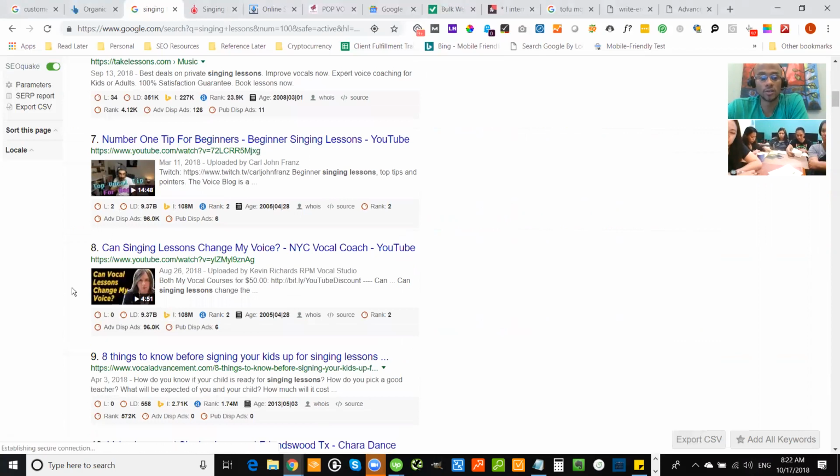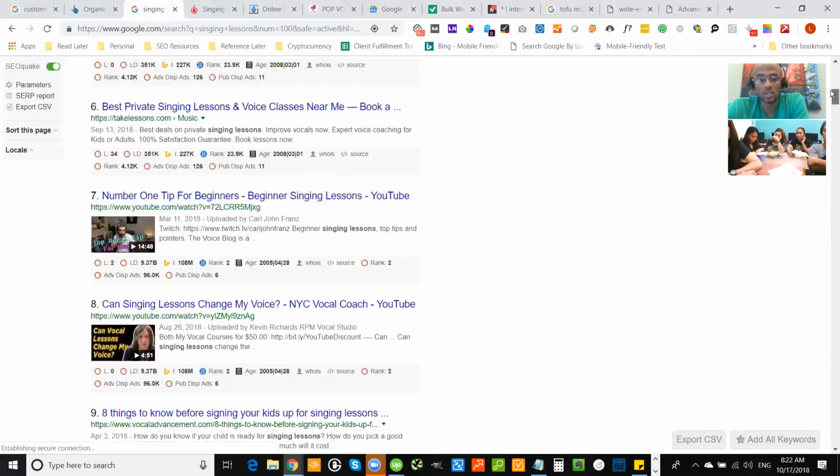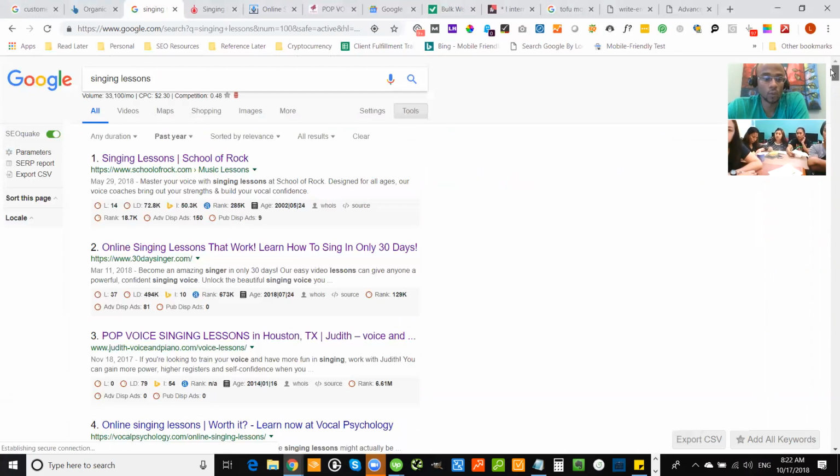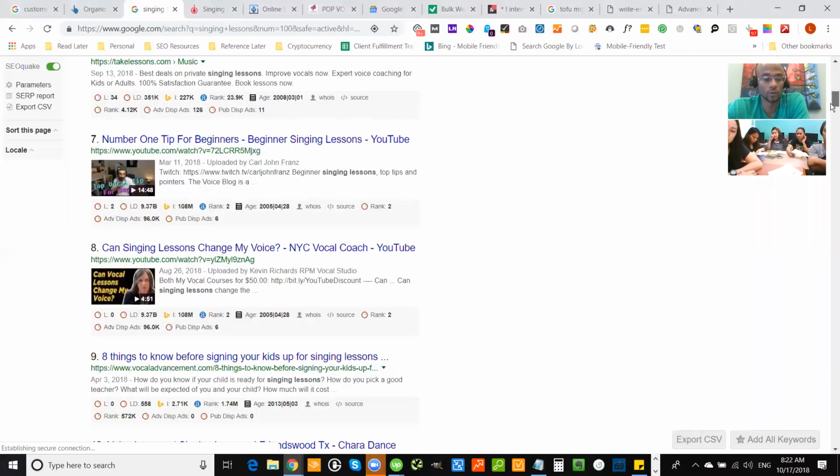So when I say searcher's intent, that's what I mean: figuring out what they're looking for. Is it an article? Is it a video? Is it a picture? And pretty much producing that for them. One easy way to figure out the searcher's intent is to see what is ranking on page 1 of Google.